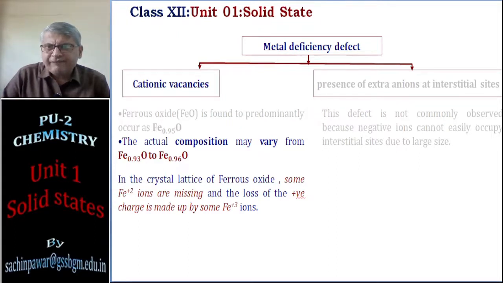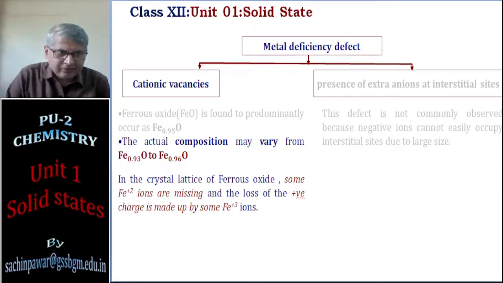This is a cation vacancy. Because of this, the charges are unbalanced. Here we see minus 2, minus 2, minus 2, minus 2, that is minus 8 total negative charge, and plus 2, plus 2, plus 2, plus 2.